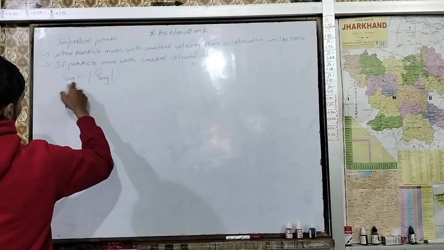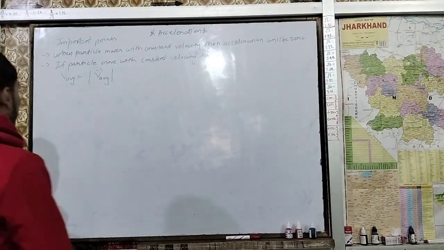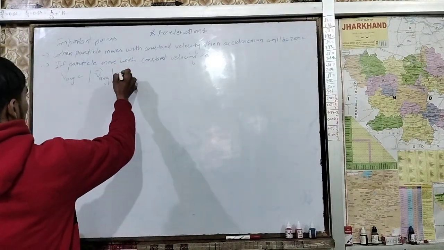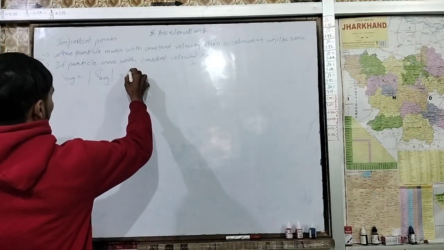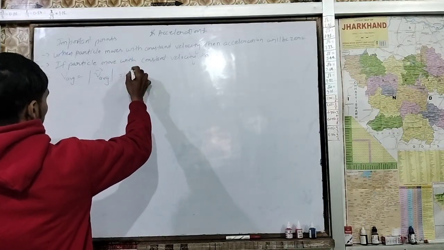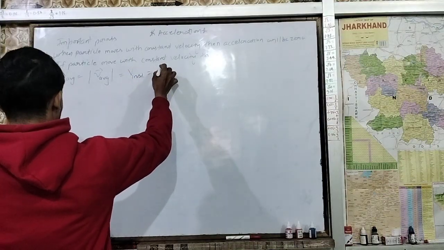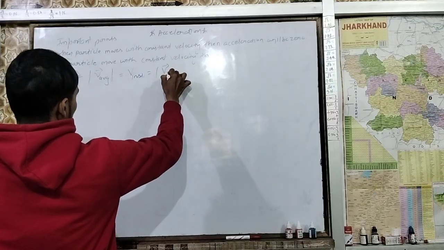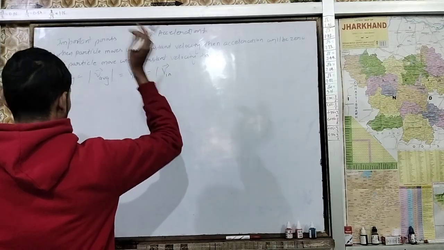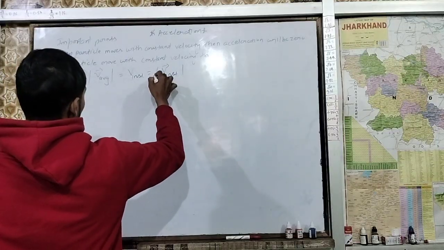This speed will be equal to mode of average velocity, which will be equal to mode of instantaneous velocity. Mode of not average but instantaneous velocity.